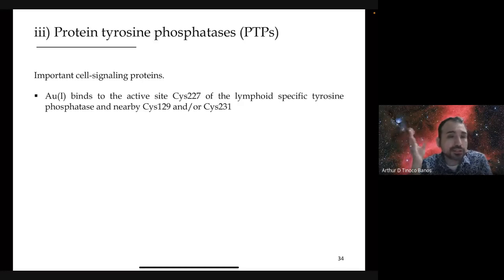These are cell signaling proteins, and gold can bind to the active site cysteine 227 of the lymphoid-specific tyrosine phosphatase, and also to nearby cysteine residues, for instance cysteine 129 and cysteine 231. But it is not entirely clear what effect this interaction has, and as I was saying, maybe it's not actually a favorable interaction.